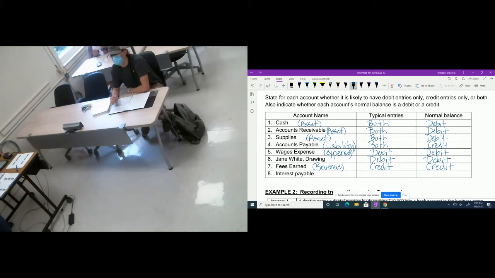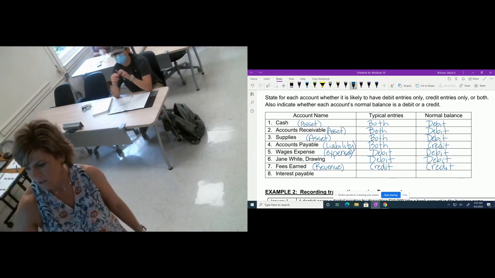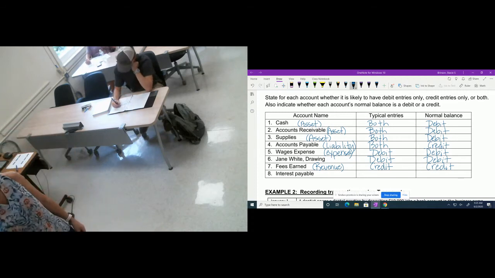And that's one of those keywords that was at the back of your chapter 1 packet. The last several pages have keywords and hints and definitions. If you see payable, it's a liability. So what is the typical entry in a liability? Both. It could be both, yeah, because it's going to increase and decrease. So what's the normal balance? Credit.